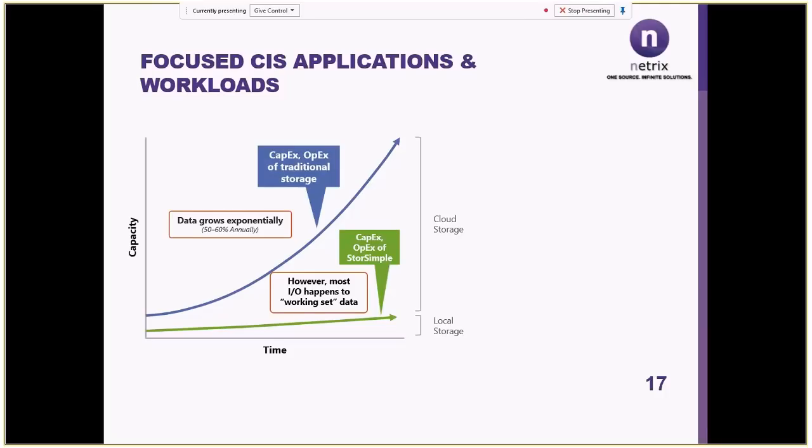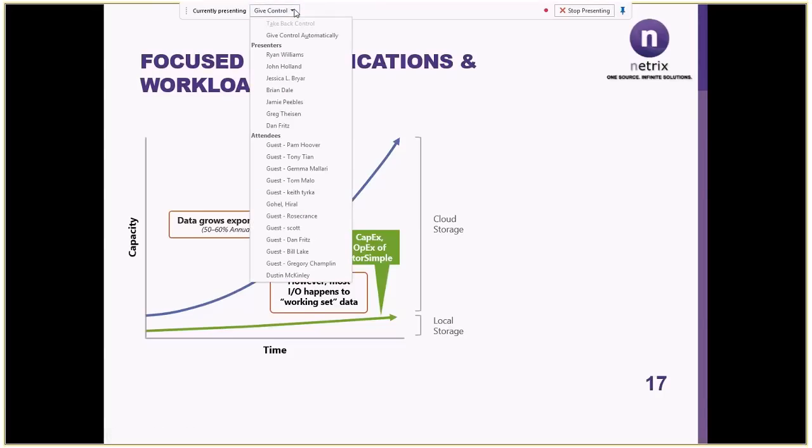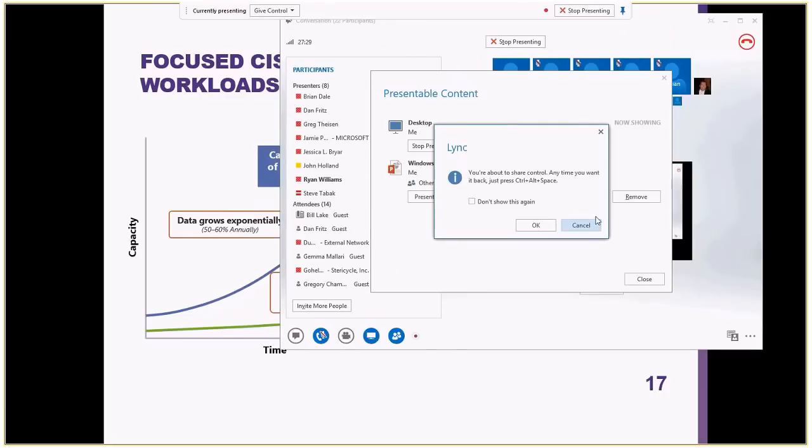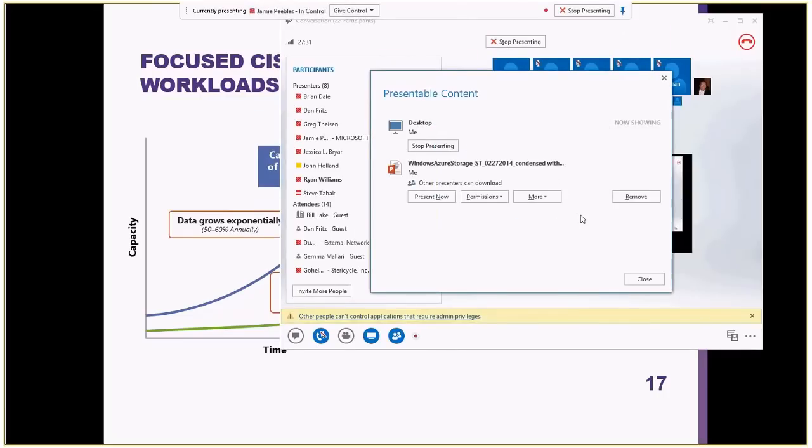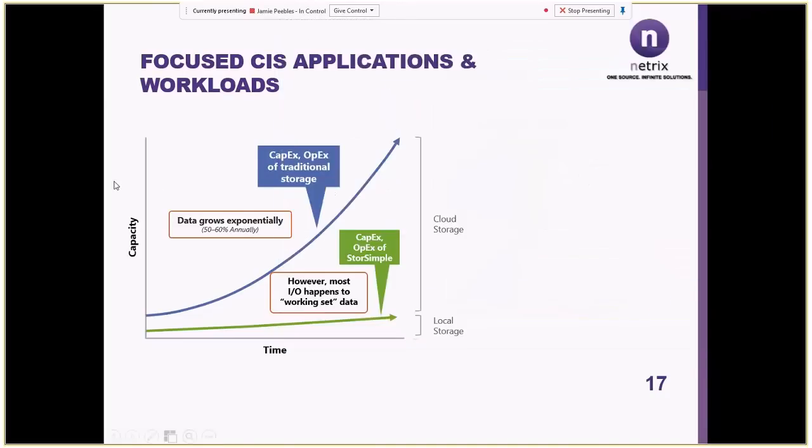With StorSimple, we essentially take that working set of data and leave it local, but we'll move that cold set of data out to another tier of storage, which is ultimately the cloud.